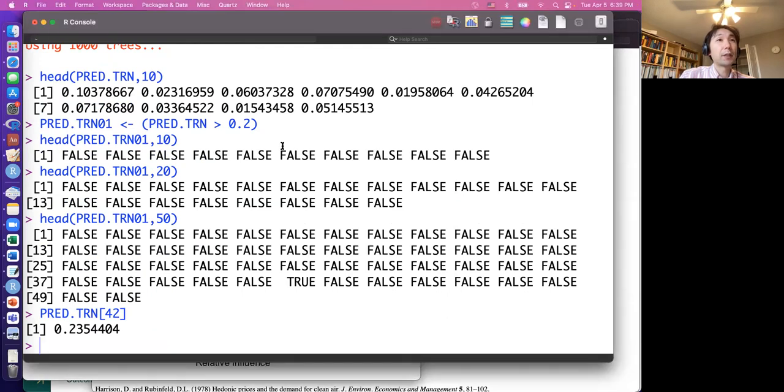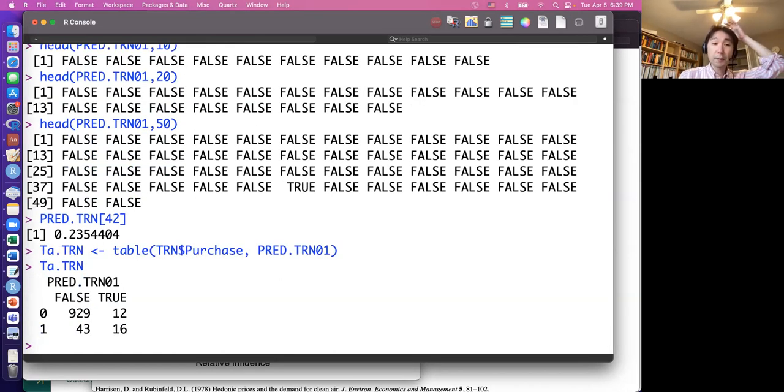Then we make a table. This is the actual purchase history, and this is the predicted purchase, so whether or not they have more than a 20% chance to buy the product.